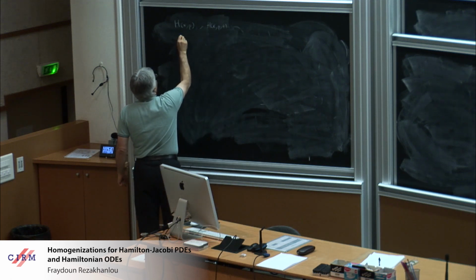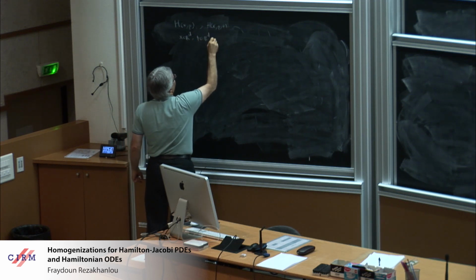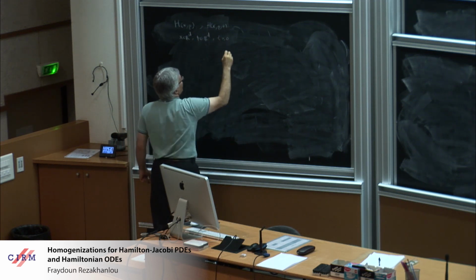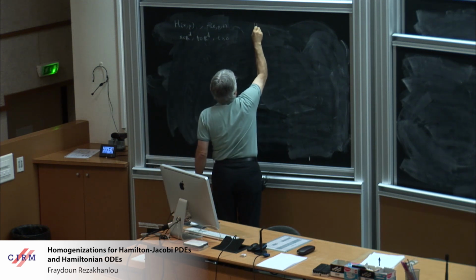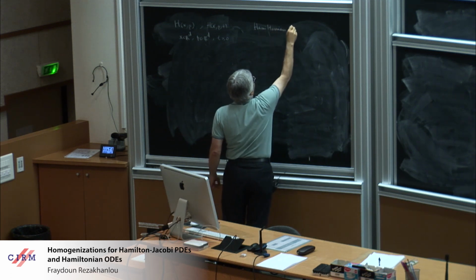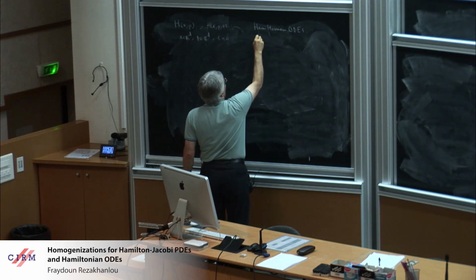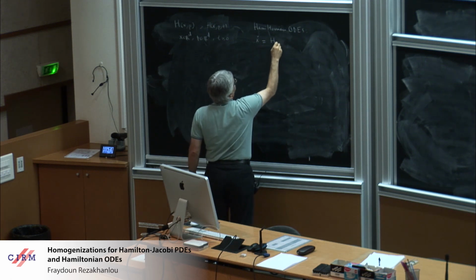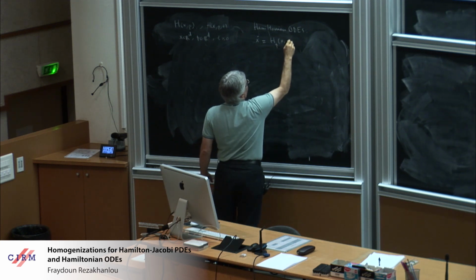So again, here x is in R^d. You should think of it as a position. p is in R^d. That's the momentum. And t is time. And in the first context, we are interested in Hamiltonian ODEs, which means that you want to solve an ODE of the form x dot is H_p(x, p).